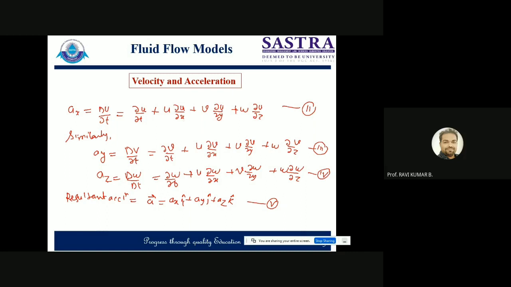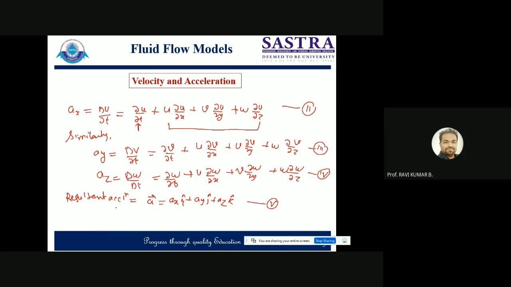Here also y is a space coordinate. So you are basically getting two terms in a single acceleration component: one showing the change in velocity with respect to time, and the rest showing the change in velocity with respect to space. Up to here this is a single term, and this is another term.